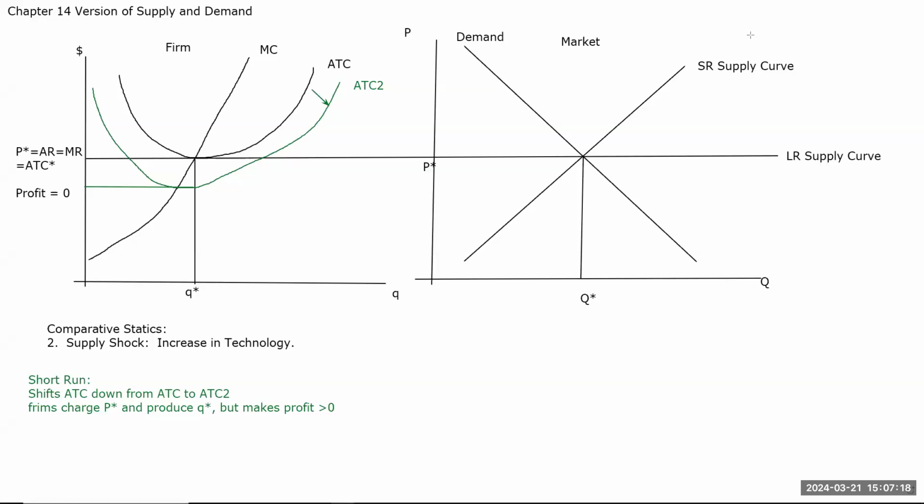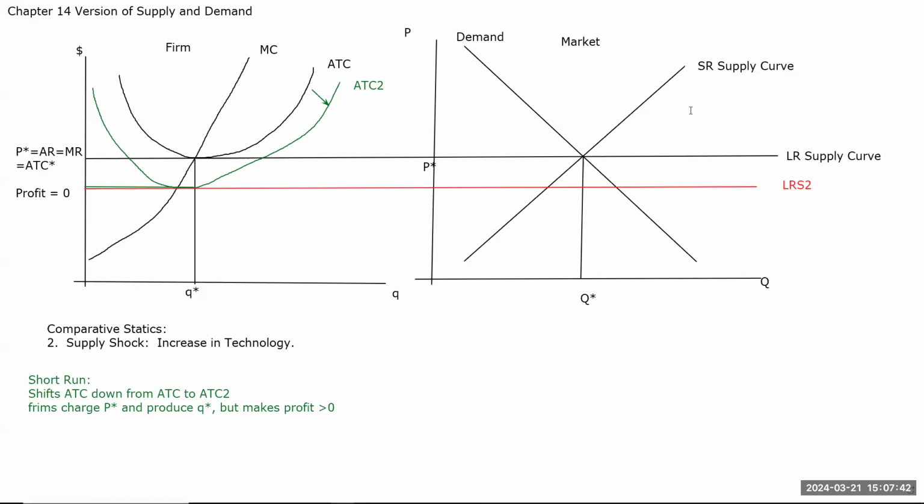Draw it in red, right here, close to the bottom right there or so. This is the new long run supply curve, long run supply 2.